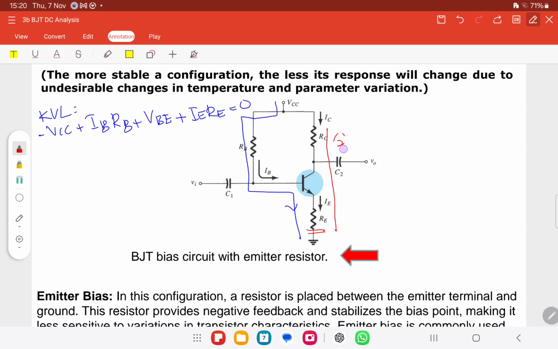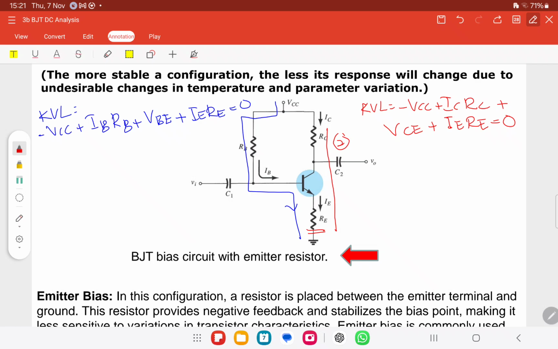Okay, kita nak buat untuk second one. KVL yang kat situ pula: minus VCC plus IC RC plus VCE plus IE RE equals to 0. Okay, so now we have dua. Macam mana ni madam?